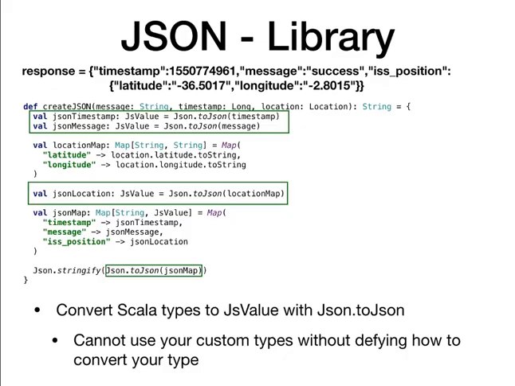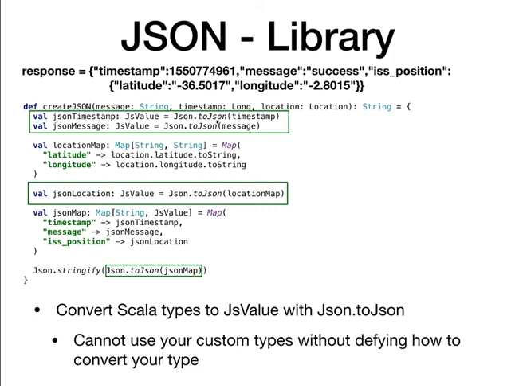So let's write this JSON string. I want to write that string at the top of the screen, give in my timestamp, message, and location. And for this, my big method I'm going to use is the JSON's toJSON method. This is going to convert whatever value I give it into its JSON value type.